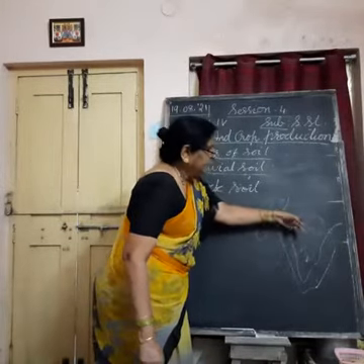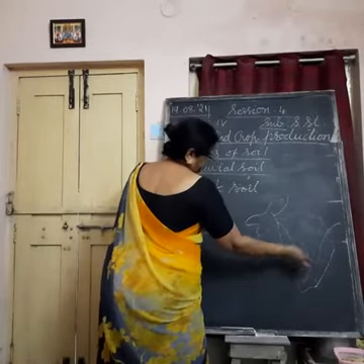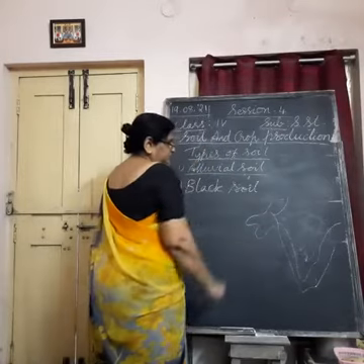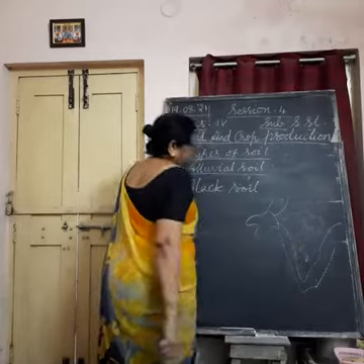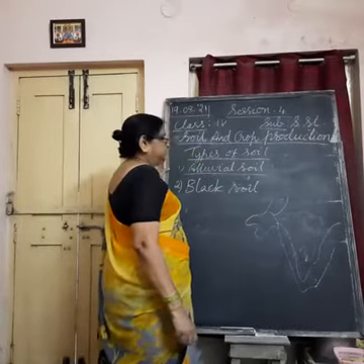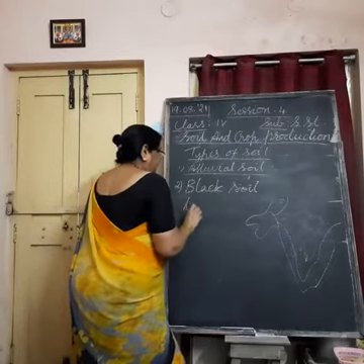Mostly in Maharashtra, Gujarat, and Andhra Pradesh and some other places. This soil is made of lava of the volcanoes.